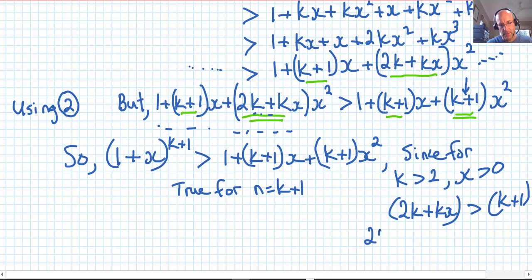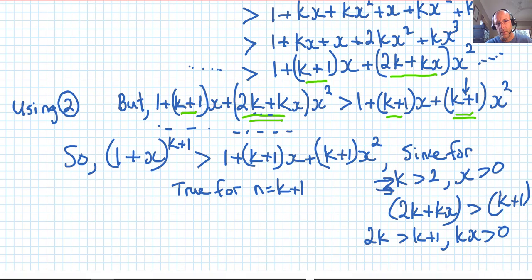Because 2k is greater than k plus 1 when you have those values there, and the kx is always going to be greater than 0 for those values. So yes, indeed, it has veracity, it works.